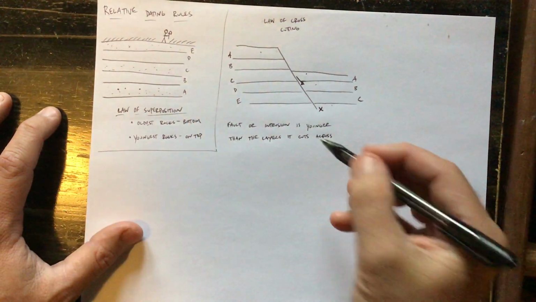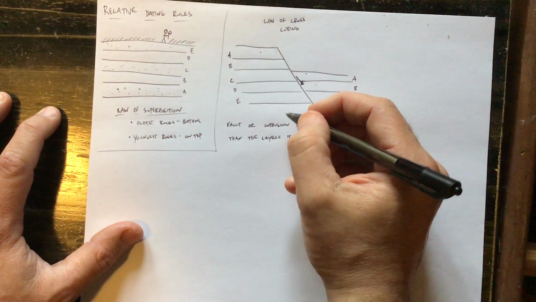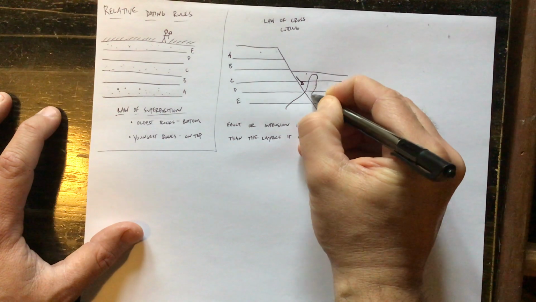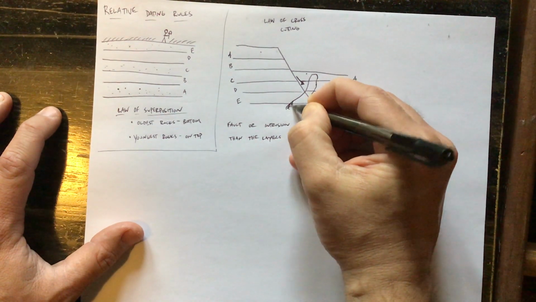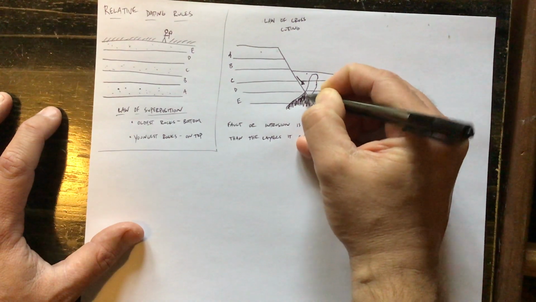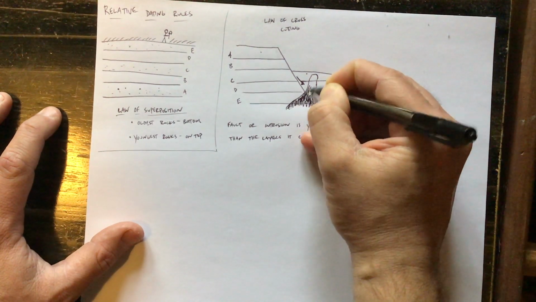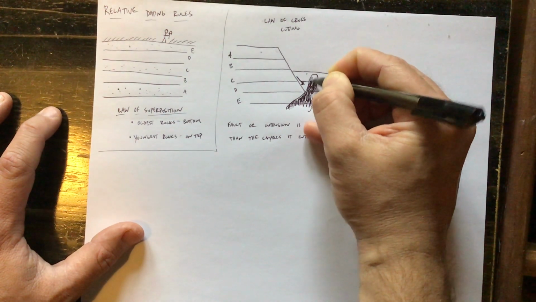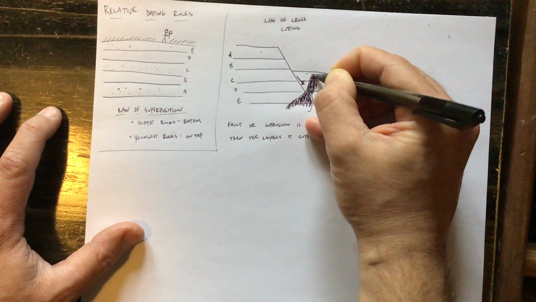And in the same picture, you could also have an intrusion. And if there's an igneous intrusion, so all layers A through E are sedimentary because they formed in flat layers. Sometimes magma will melt through the sedimentary layers and form what's called an igneous intrusion.